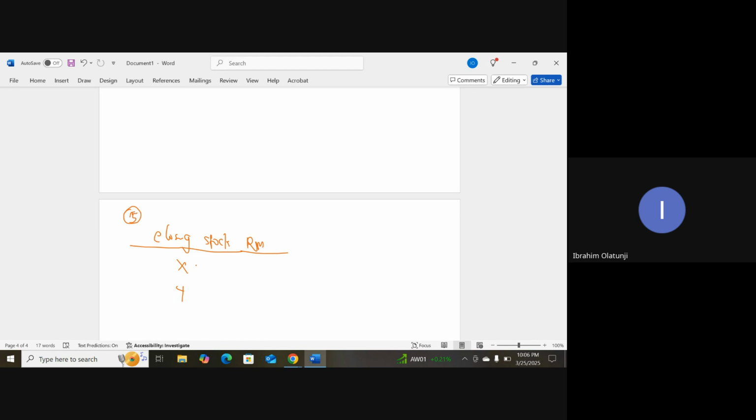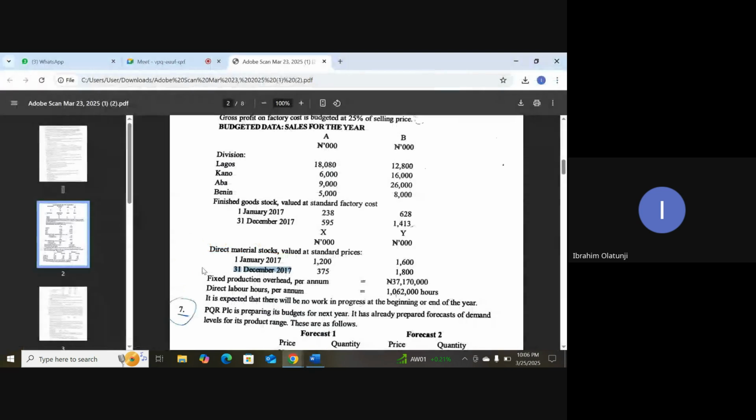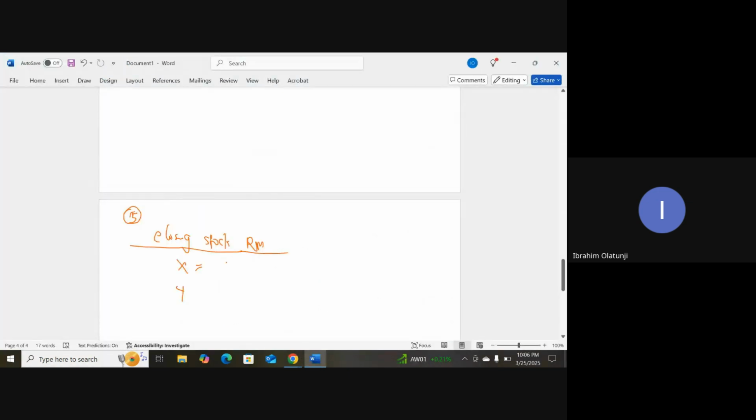So for X, how much is given to us as closing? 375,000.